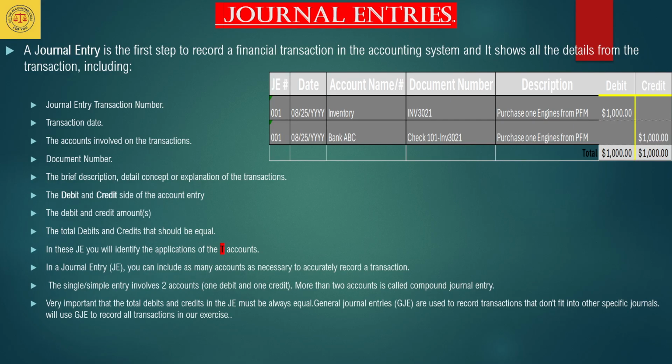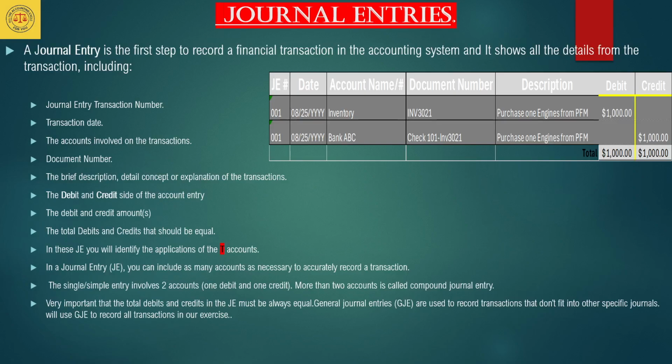Let's say depreciation. Many systems today are set up with specific journal entries that are part of the menu or options that you have, like banking, accounts receivable, accounts payable, fixed assets, etc. But if in that menu there is no option for a specific thing you have to do, like an amortization, and you don't have that one anywhere, in that system you just have to use the one that says general journal entry.